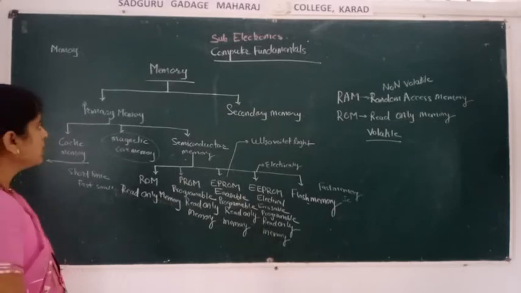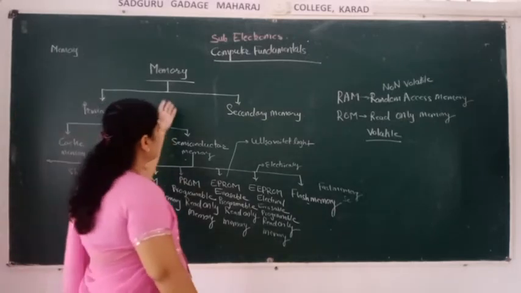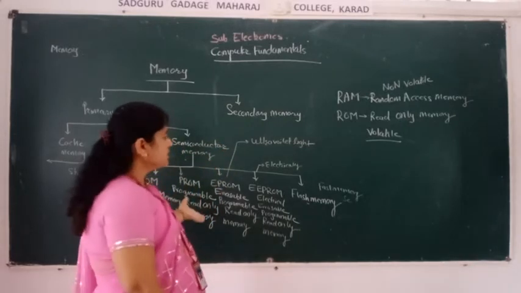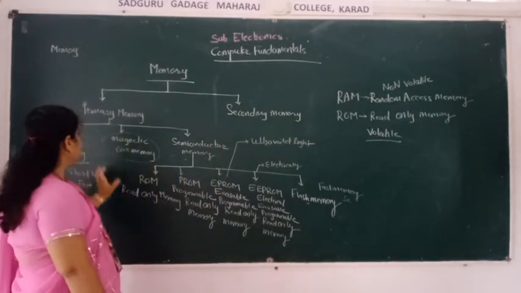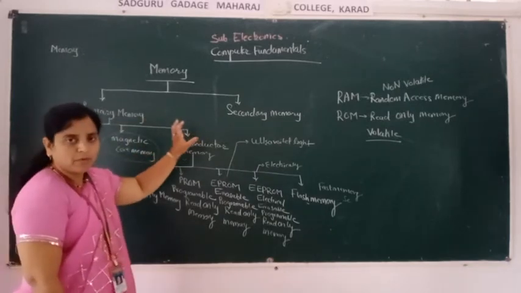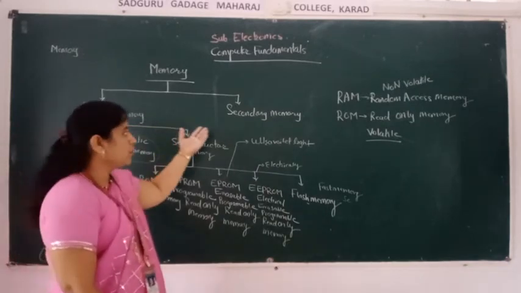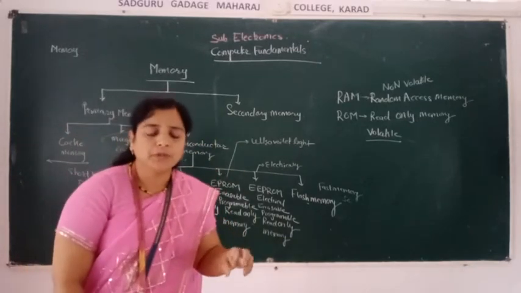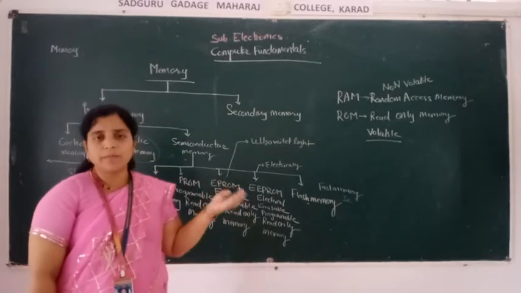If a question is asked, what is memory, write its types. Then you can write in this form and explain one by one. Write the first, primary memory and secondary memory. Primary memory is inbuilt in the computer. Secondary memory is used if you want to upgrade the memory.